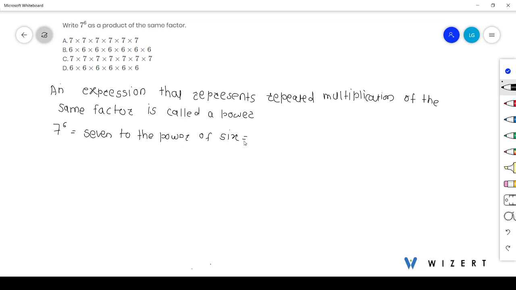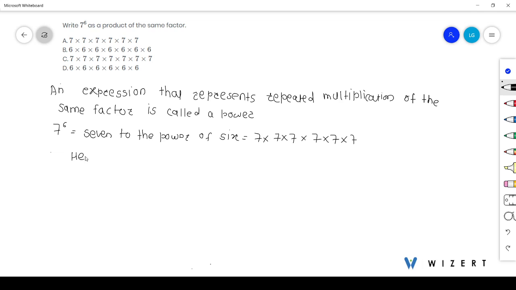So 7 to the power 6 is nothing but we need to multiply this 7 6 times. Hence 7 to the power 6 as a product of the same factor is multiply 7 6 times.